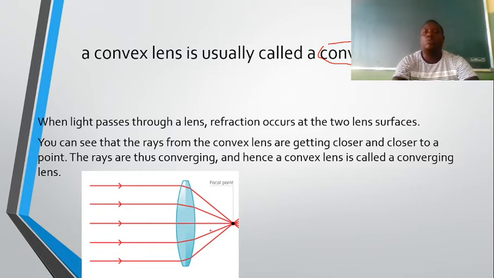This is what we call converging. So the convex lens is a converging lens because it converges beams of light on what? On the same point.